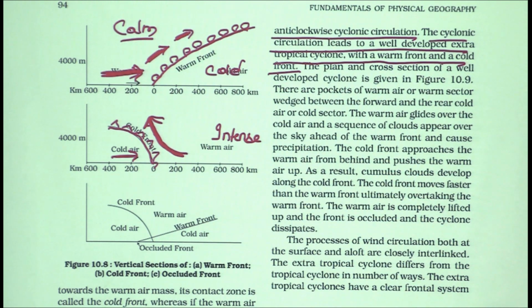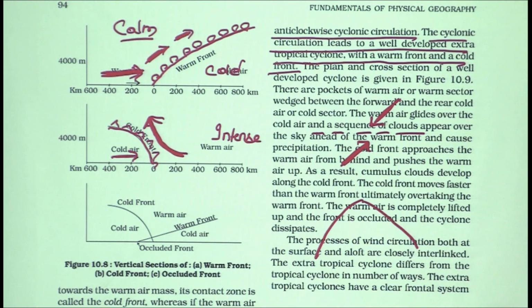So what is the development of front? If I draw the diagram like this, to begin with, cold air from north and warm air from south converges. As the pressure drops, the warm air starts moving towards north and cold air towards south. So what happens?